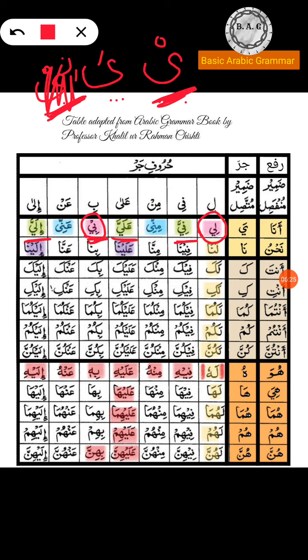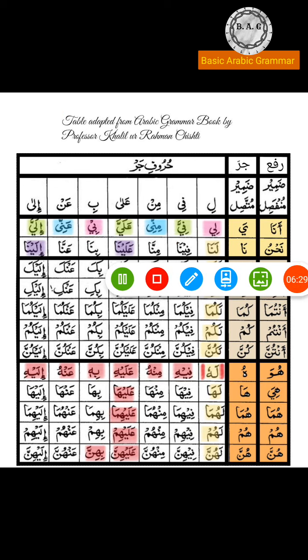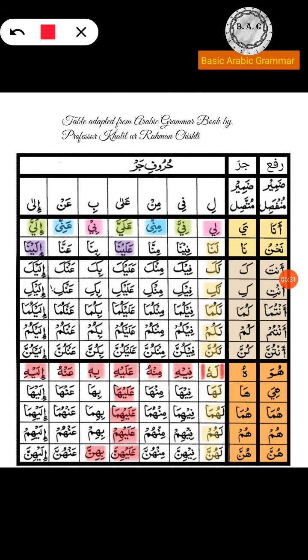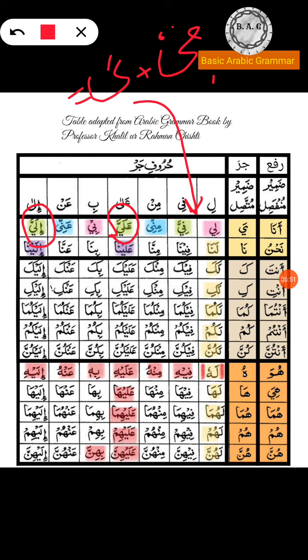So it is actually this variant. How does it happen? Let me tell you. We have fi plus ya equals fiya. Combine it together, it becomes fiya. Similarly, you get alayya and ilayya, upon me and towards me or to me.